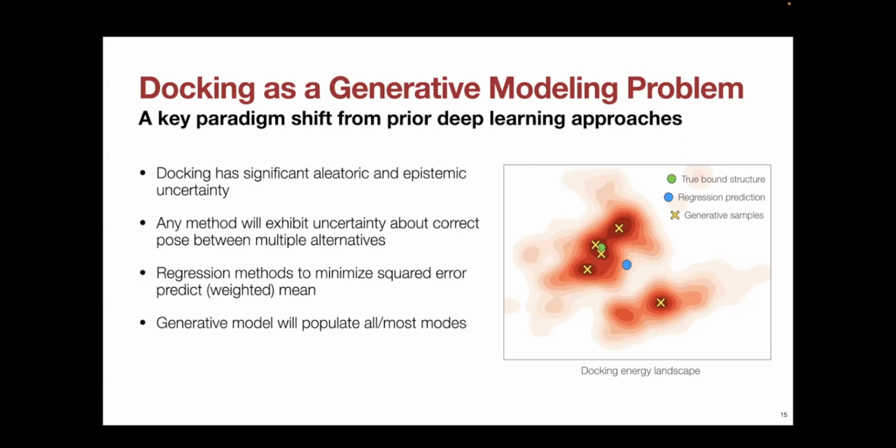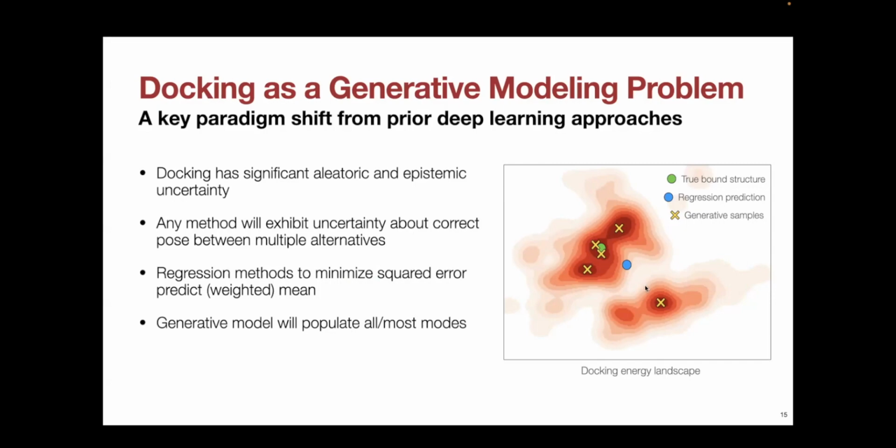This is both aleatoric, which just means that there might be multiple poses, and epistemic, which basically means that the model will be undecided between multiple poses. If we have regression models, as I'll show you on the next slide, we're going to get some kind of mean that's not very useful, while with our generative model, we'll try to populate all these modes.